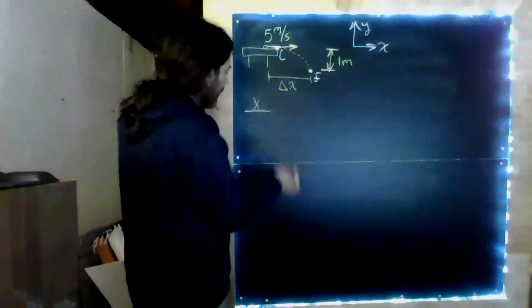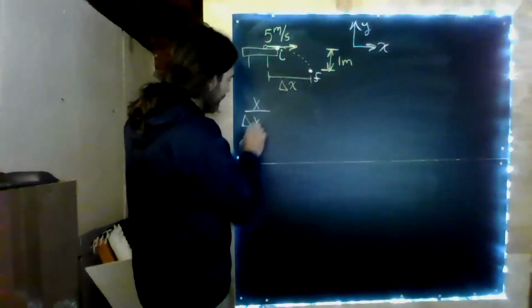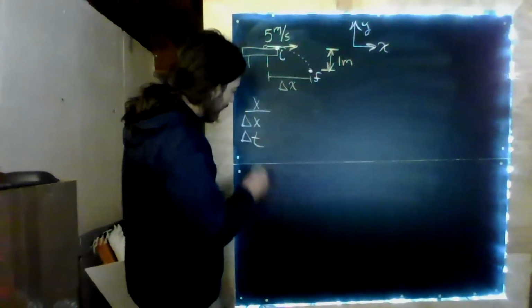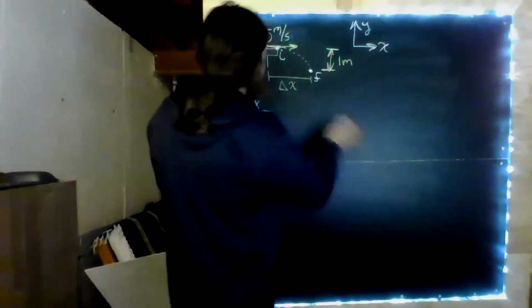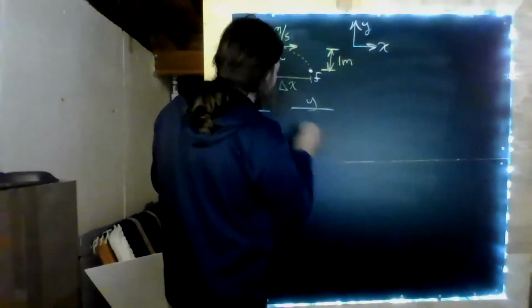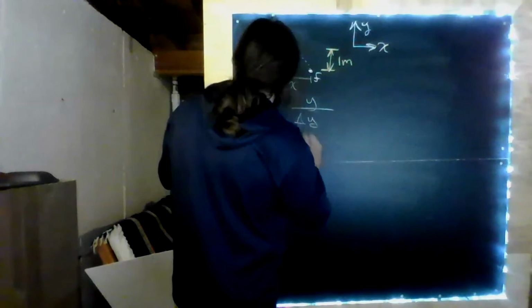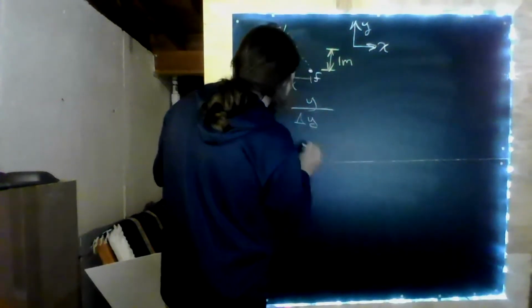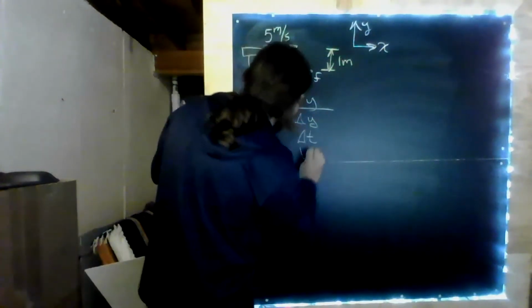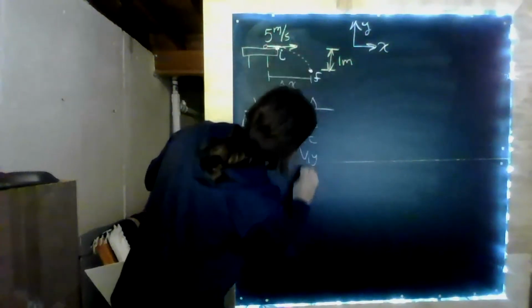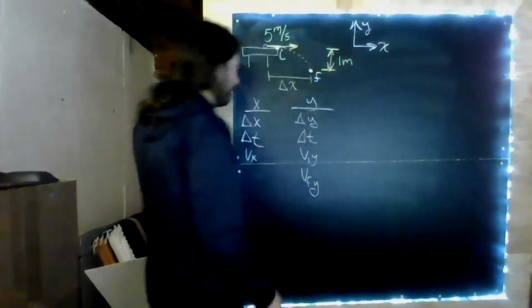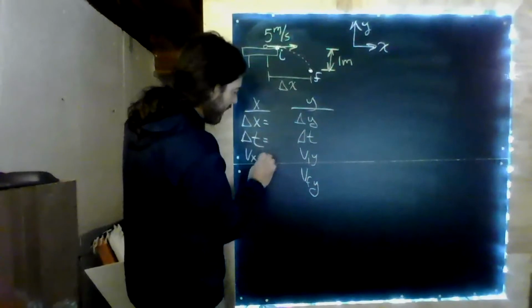In the x direction, I have delta x, delta t, and v sub x. In the y direction, I have delta y, delta t, v initial y, v final y. Let's see what I can fill out.